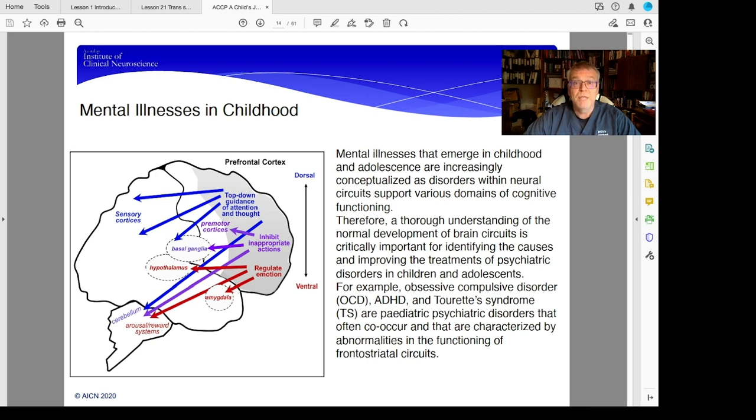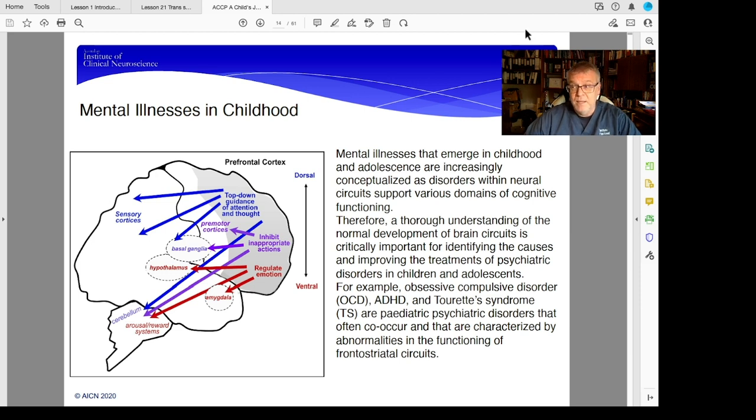And therefore, a thorough understanding of normal development of the brain is critical when we start to identify causes and improve treatments of psychiatric disorders in children and adolescents, like obsessive compulsive disorder, attention deficit hyperactivity disorder, Tourette syndrome. We're seeing also an increase in pediatric depression and pediatric anxiety disorders. So all of the normal developmental situations in these kids need to be evaluated and assessed.